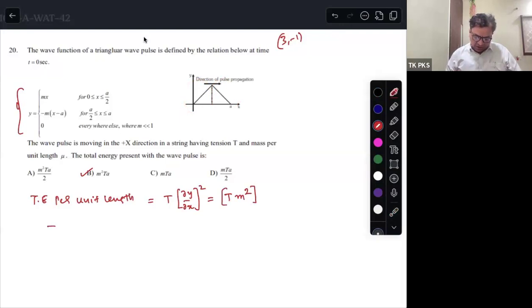So total energy of portion A, total length is A, is nothing but T m square times A. That's it. So 3 marks you can comfortably score in this question. 3 marks.